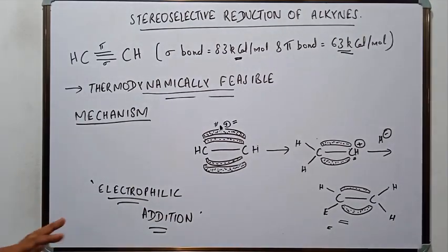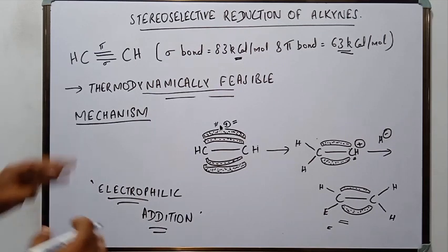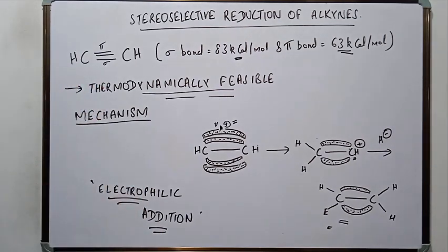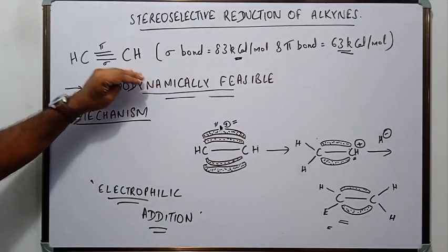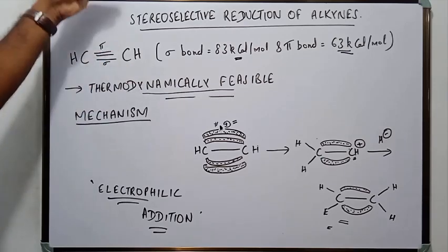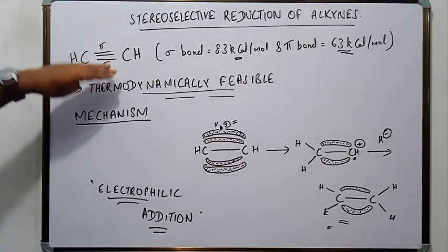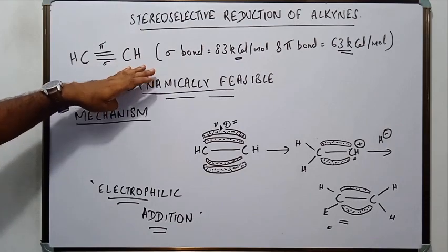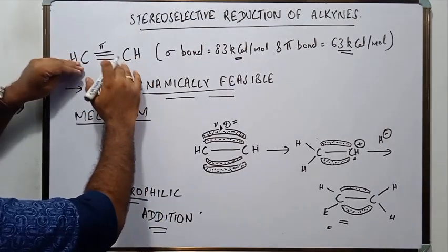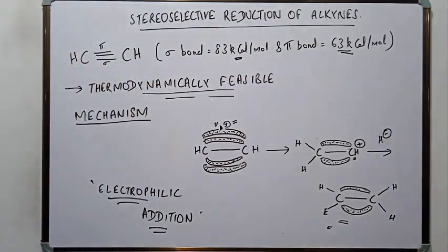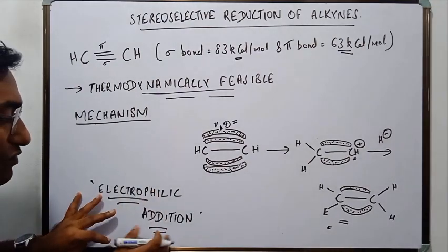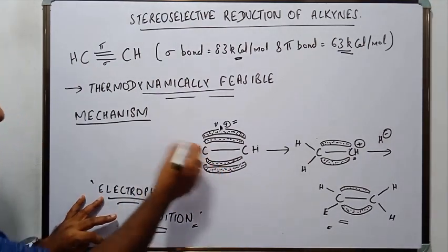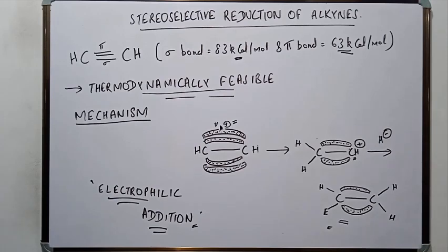Dear students, in the first section we have seen that it is a thermodynamically feasible process because more energy is released if alkyne is converted into alkene, because alkene is more stable than alkyne. And we have also seen how hydrogenation of alkyne is an electrophilic addition reaction.